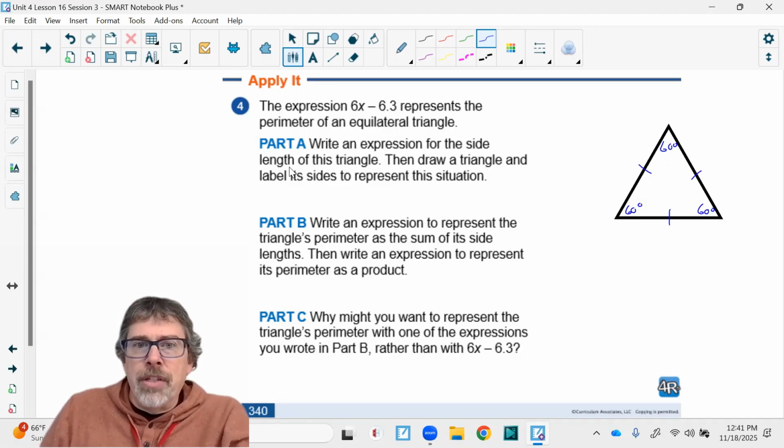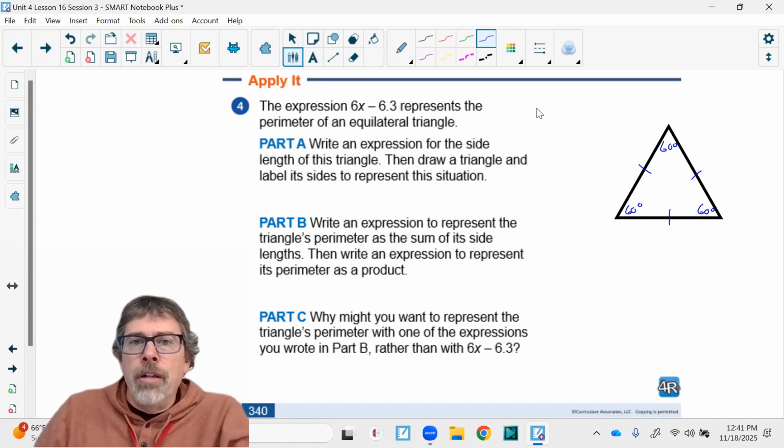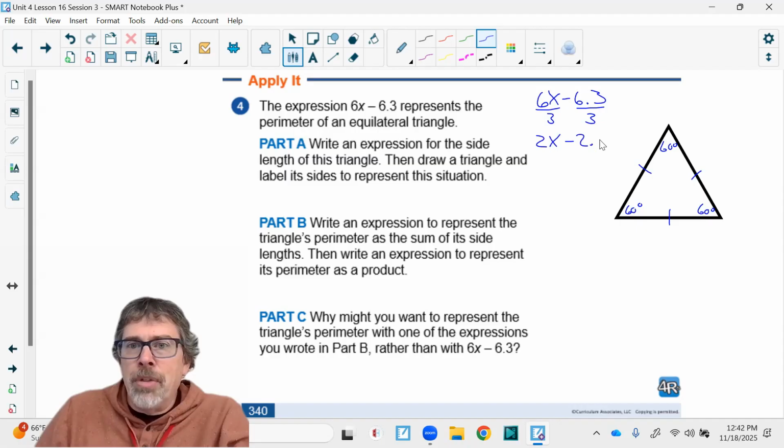Write an expression for the side length of this triangle, then draw a triangle and label its sides to represent the situation. Well, if 6x minus 6.3 is the entire perimeter, and there are 3 equal sides, we can divide both pieces by 3. 6 divided by 3 is 2, and 6.3 divided by 3 is 2.1.